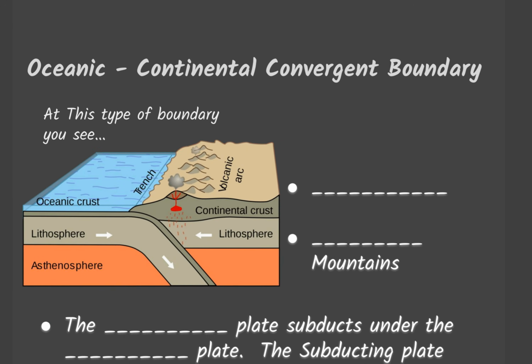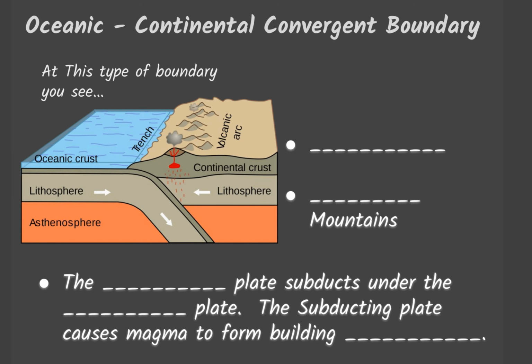The next type of convergent boundary we're going to explore is the oceanic continental convergent boundary. Again, that's where a piece of oceanic crust over here collides with a piece of continental crust. And again, at this boundary, we still see trenches. So there are trenches here as well, for the exact same reason that we see trenches in the oceanic convergent boundary. You can see the trench here. We also get volcanoes, but this time, since the volcanoes are forming over, or under, I should say, continental crust, we don't get volcanic islands.